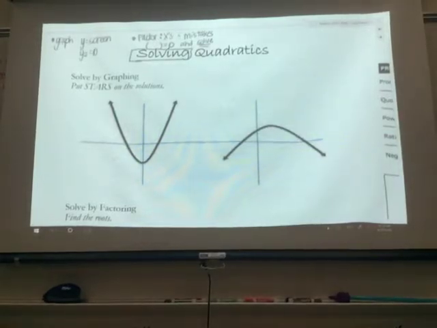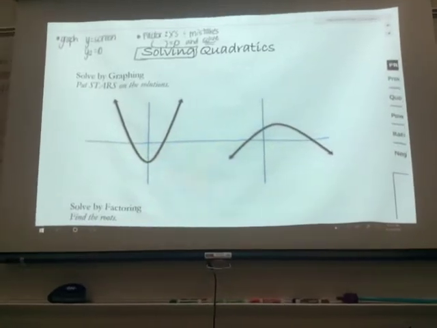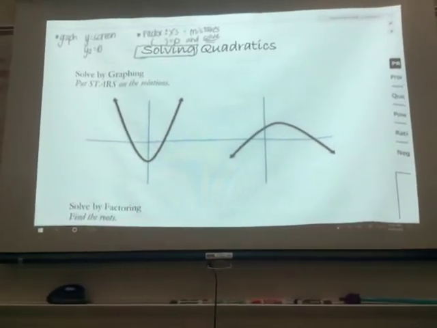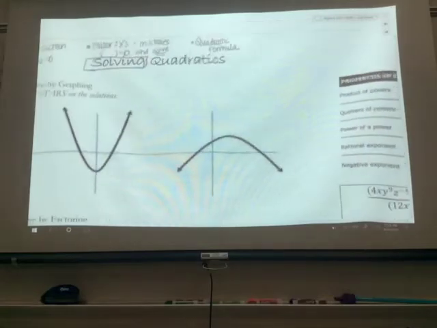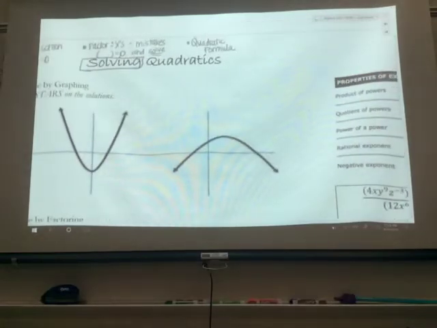The last way that we have figured out how to solve quadratics is our end-all catch-all, and that is by using the quadratic formula. That's when we sing to ourselves, x is equal to negative b plus or minus the square root of b squared minus 4ac all over 2a.